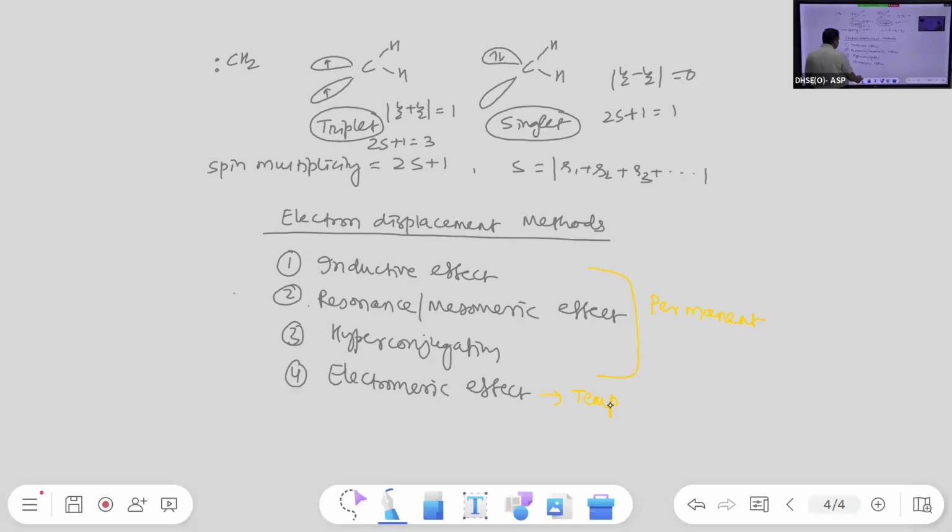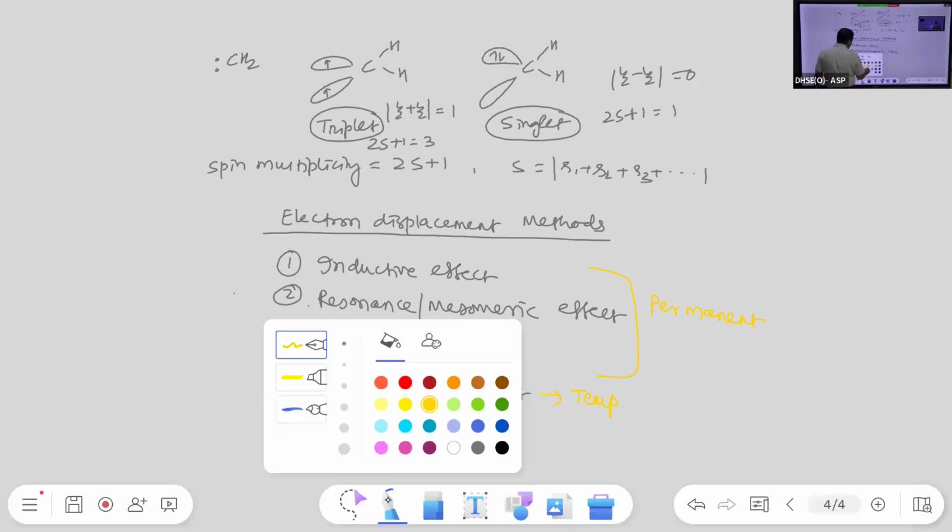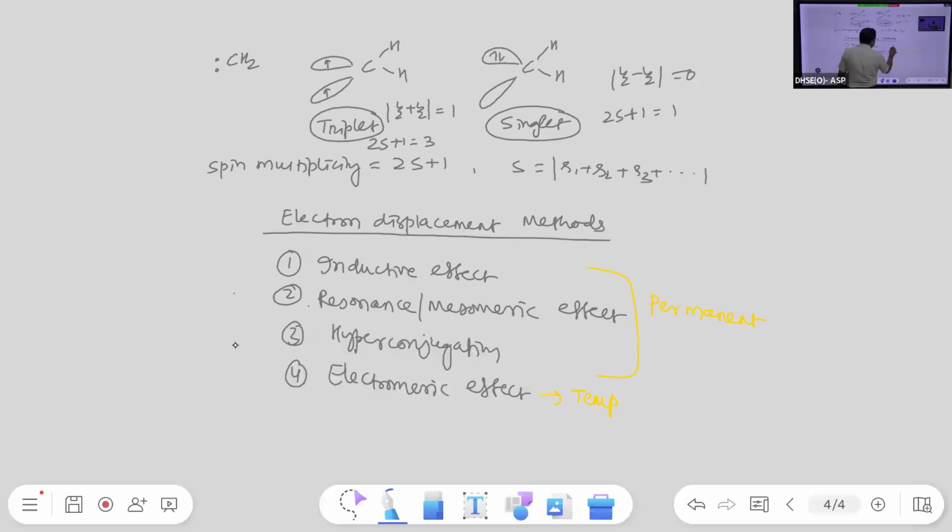These 3 are permanent and this is temporary. Permanent effect and temporary effect. Okay. So first, let us discuss the first one, that is the inductive effect.